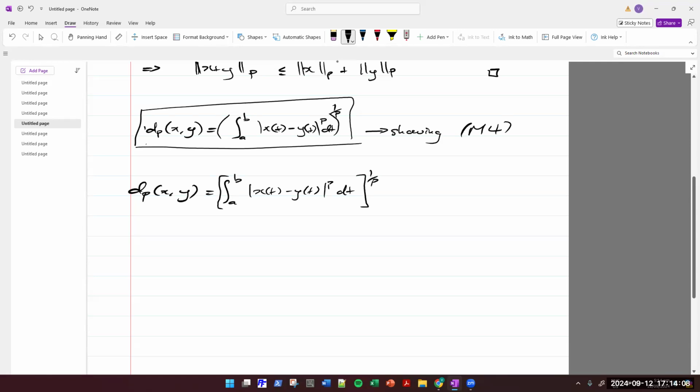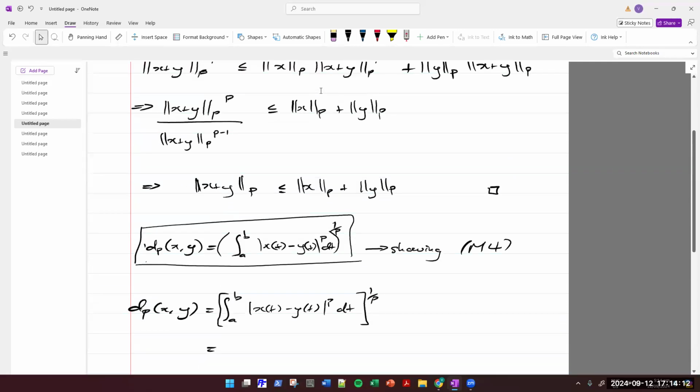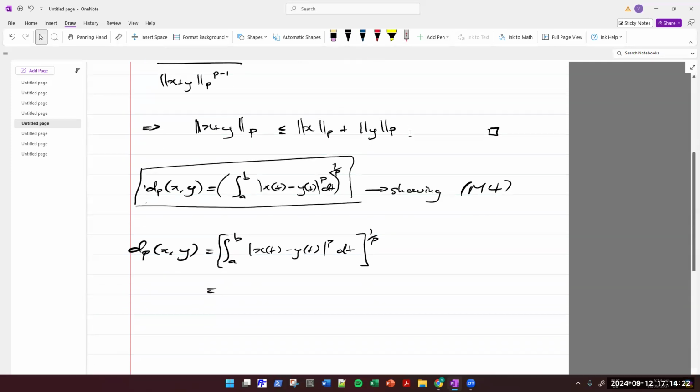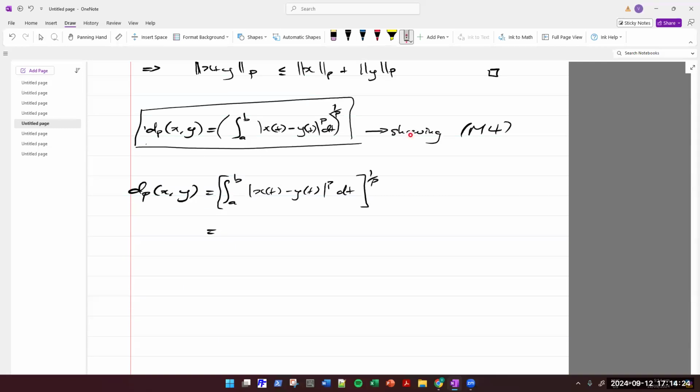this thing looks familiar because this is just, well, that's this part here. That's just this, but instead of a plus sign, you have a minus sign. Okay. So that is just the pth norm of x minus y.